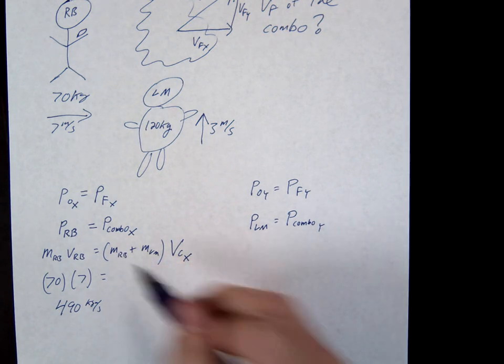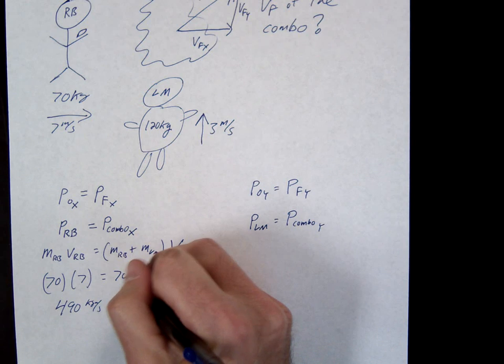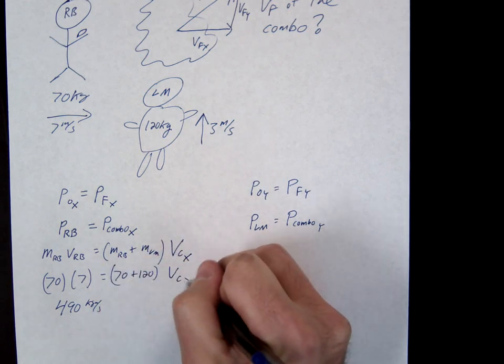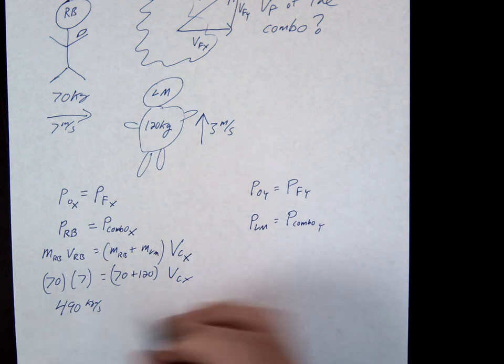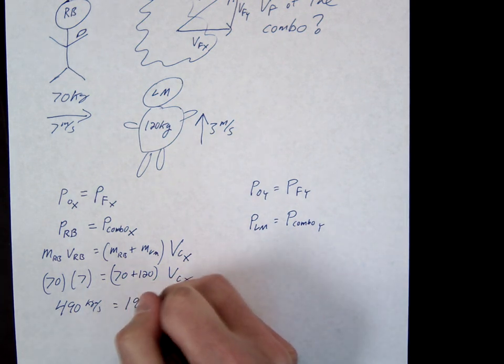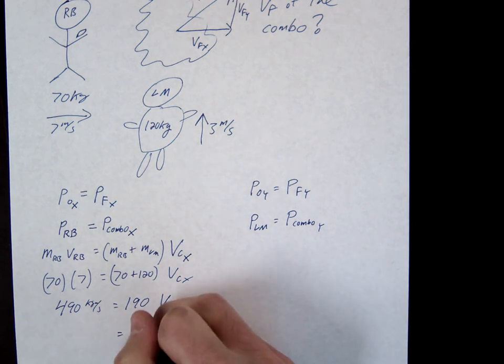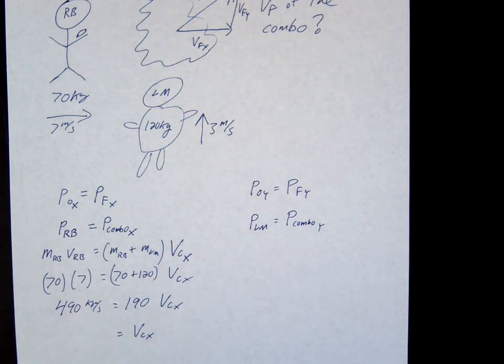Their combined masses, we have 70 plus 120. 190 V combo x.